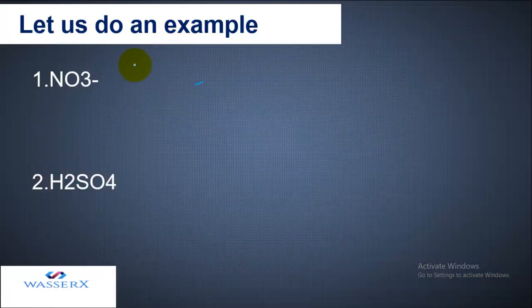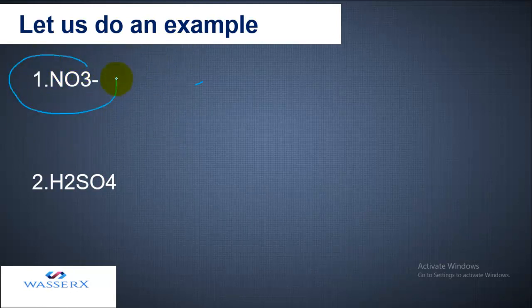Now let's see an example of how we calculate the oxidation states. First, let's say we have to calculate for the nitrate ion. The first step is to separate the nitrogen and the oxygen, or any other atom present in a compound, and place them at a certain gap between them.